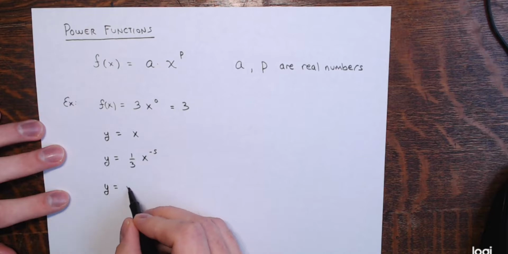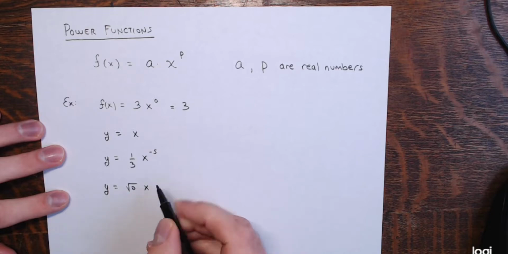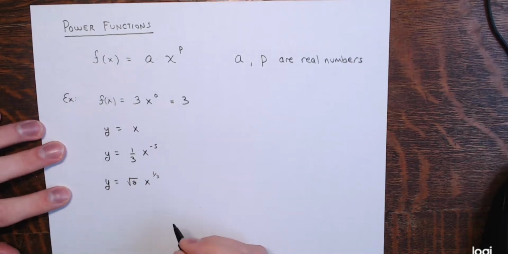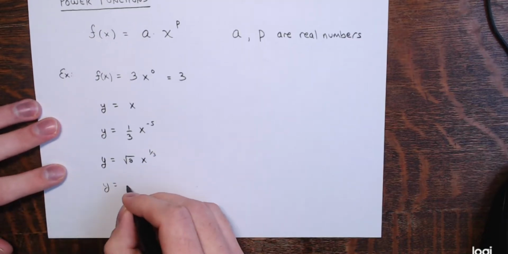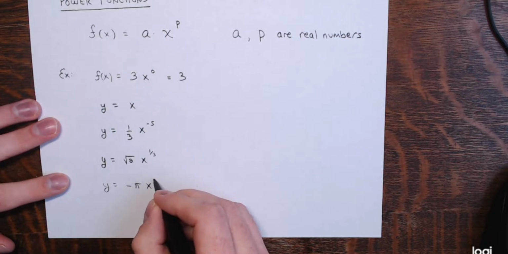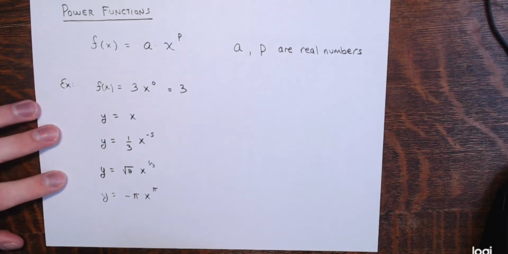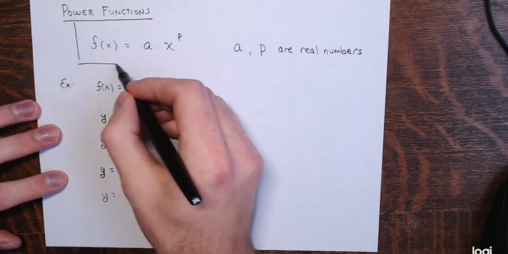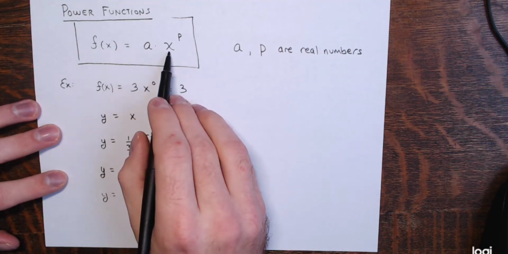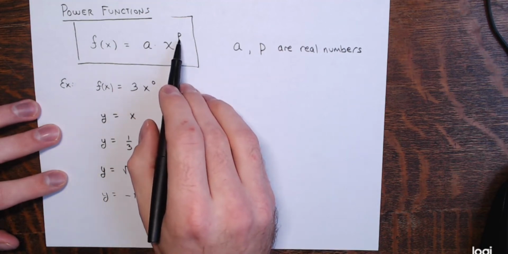Y equals the square root of 2 times x to the 1/3 power. And y equals -pi times x to the pi power. Right? It's just a real number times your variable to another real number power.